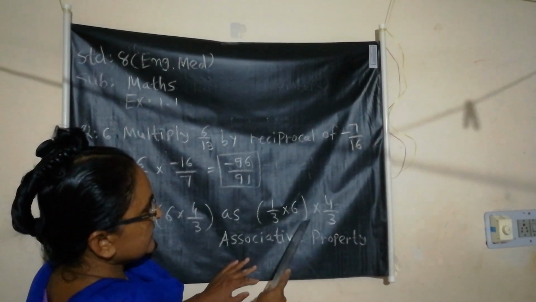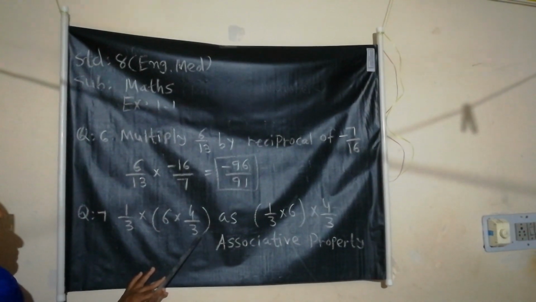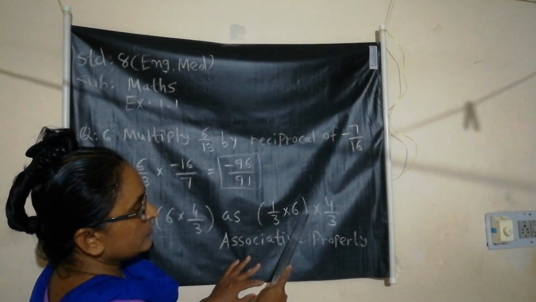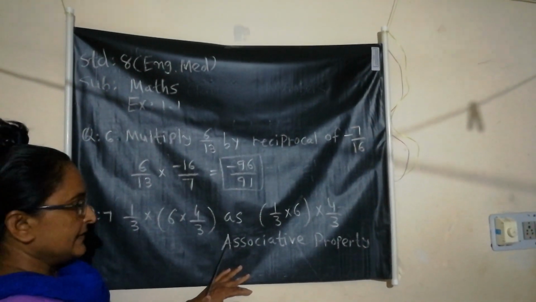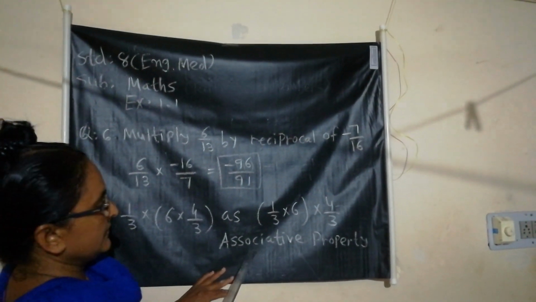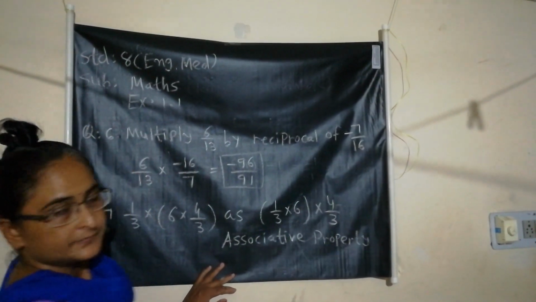Here the group of 6 into 4 upon 3 is changed to 1 upon 3 into 6. It means the numbers are the same but the grouping is changed. Therefore, here we use the associative property.